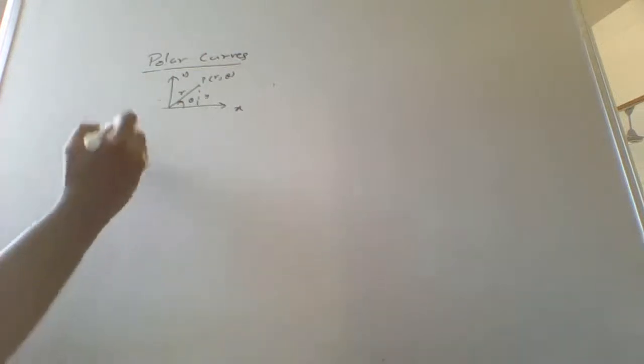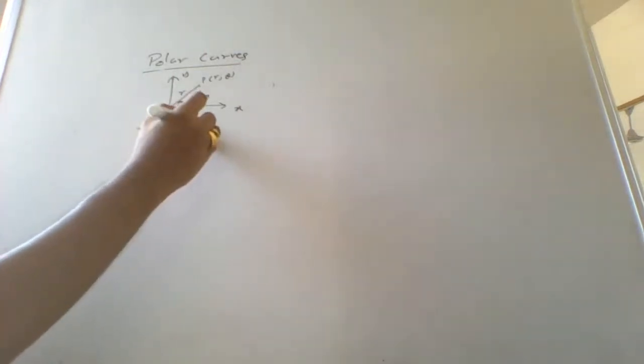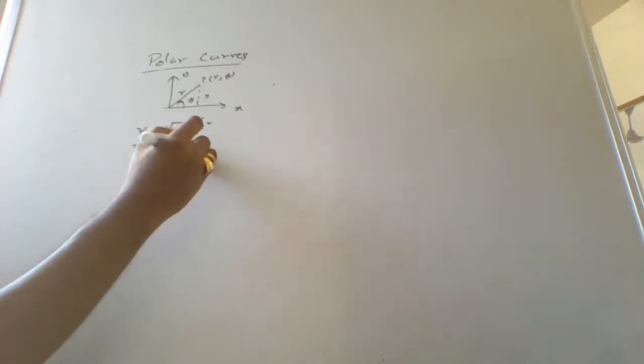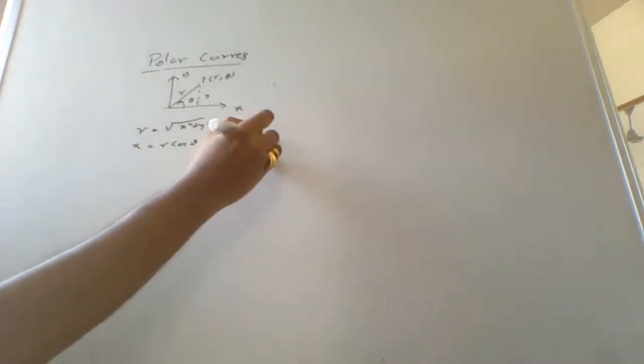So here we have x and y, the Cartesian coordinates for the point x comma y. So we have r is equal to square root of x square plus y square, and x is equal to r cos theta and y is equal to r sin theta.